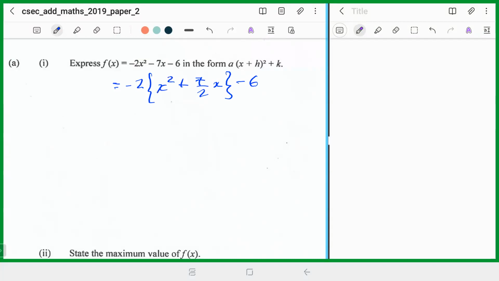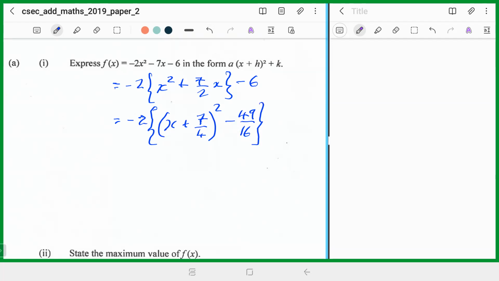Good. We complete the square of the terms inside here. Same thing as usual. Minus 2 into x and half of this becomes 7 over 4 squared, minus the square of this, 49 over 16.